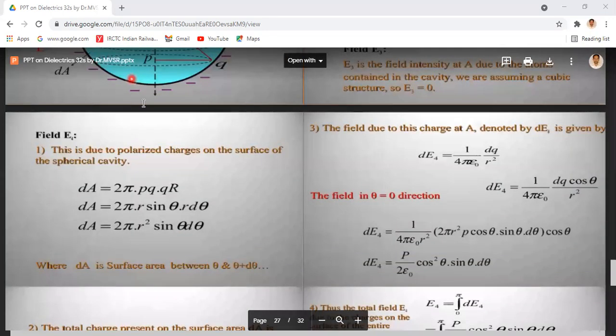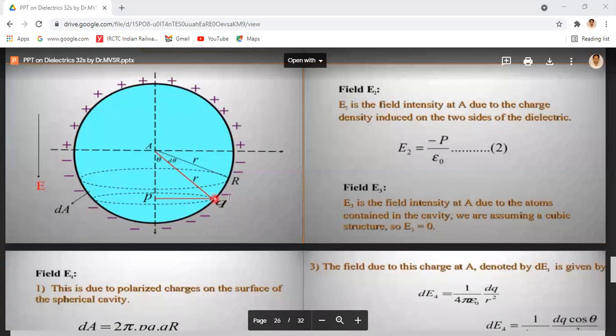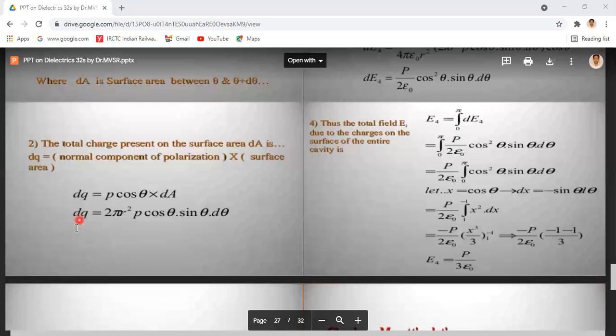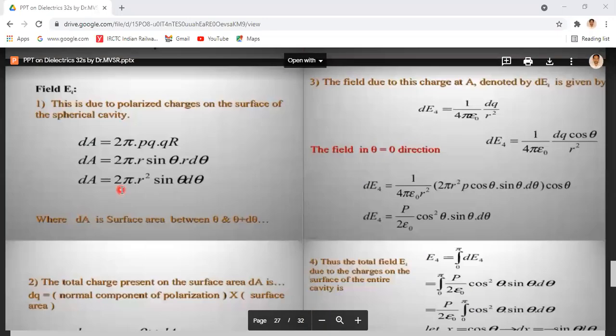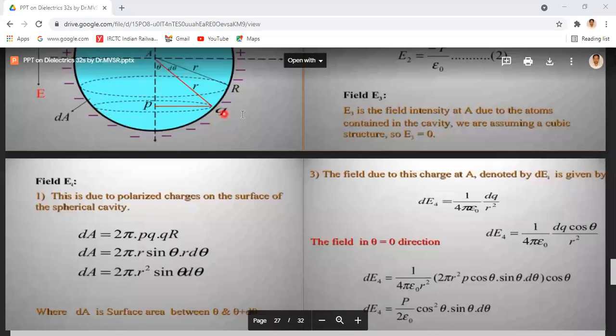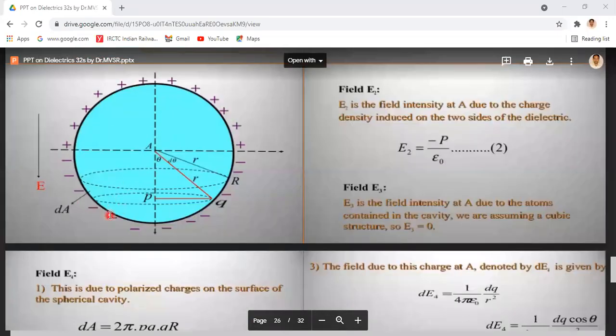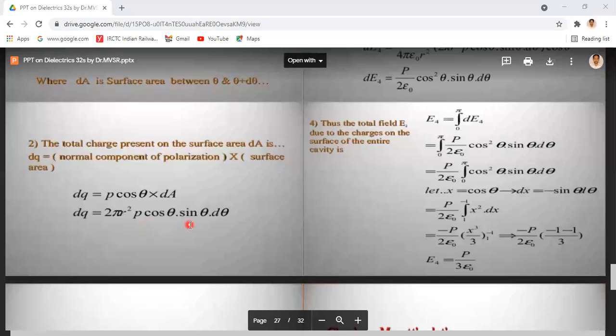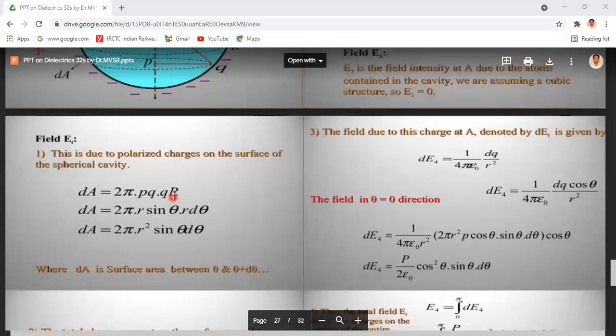So dQ is the amount of charge which is existing on the small surface area dA, which is a part of the entire spherical cavity. We take a small surface area dA on that cavity and calculate the charge existing on it.